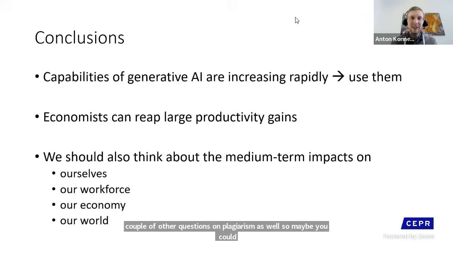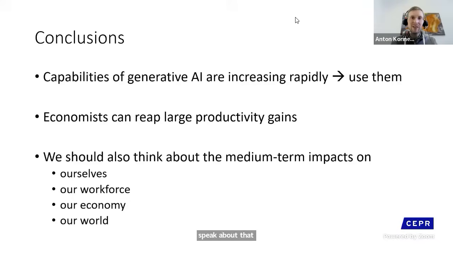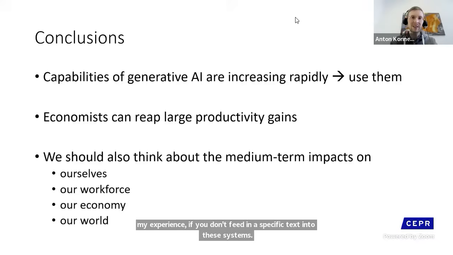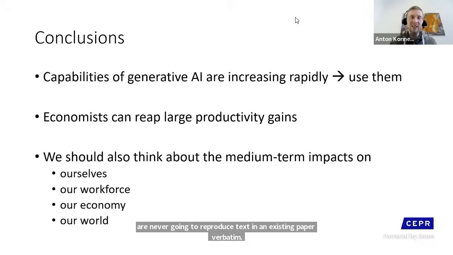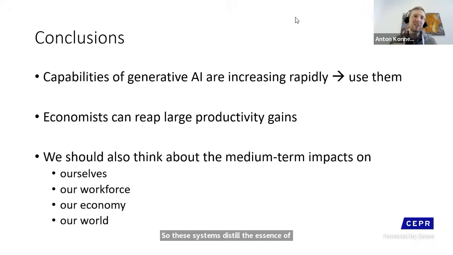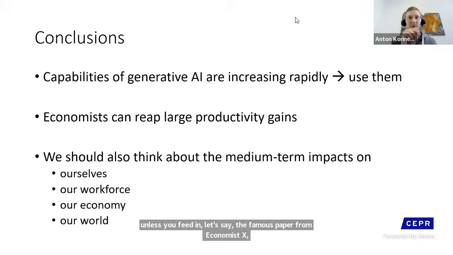Yeah, I think that's a very important question. In my experience, if you don't feed a specific text into these systems, they are never going to reproduce text in an existing paper verbatim. These systems distill the essence of text, but unless you feed in, let's say, the famous paper from economist X, it won't regurgitate that paper word for word.